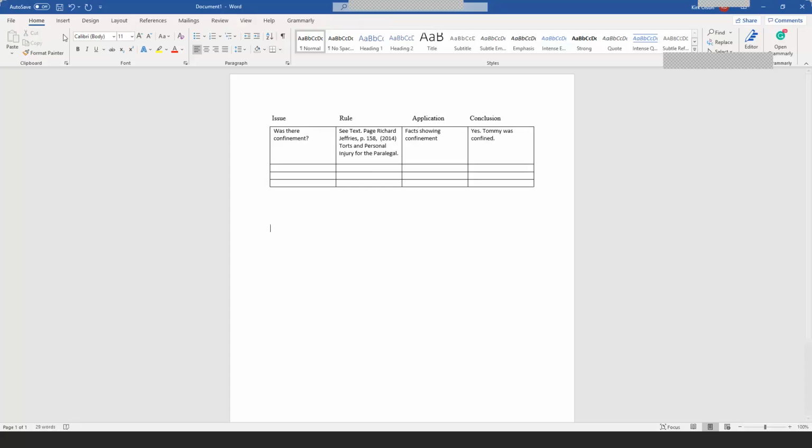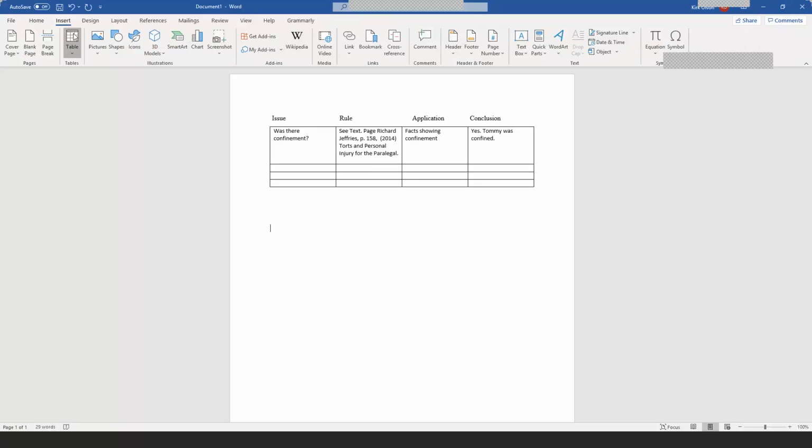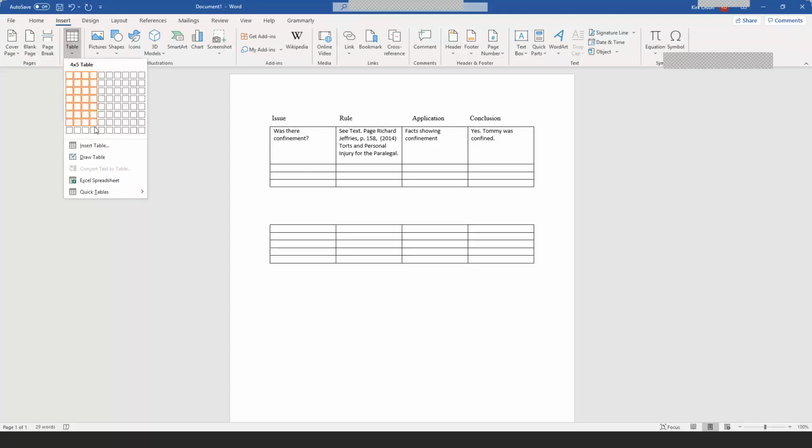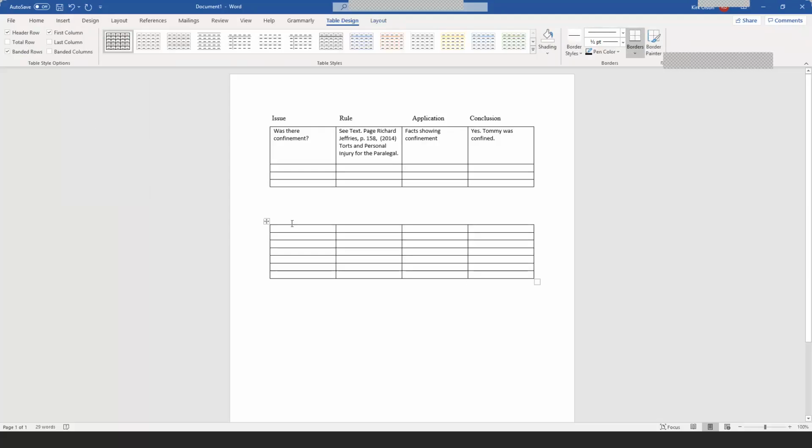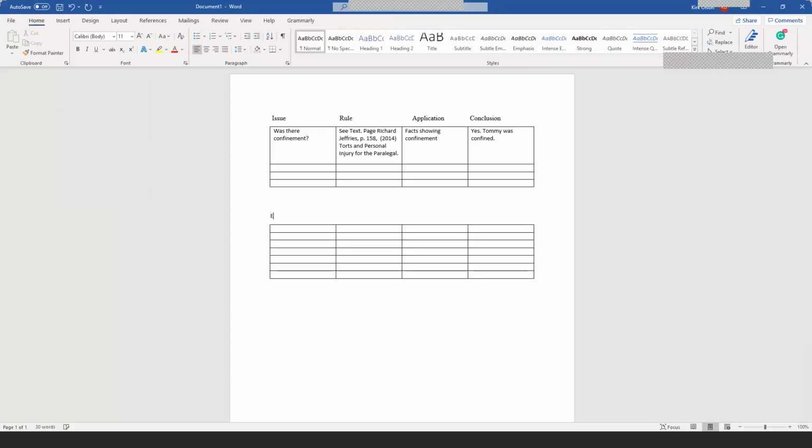The other way you could do it, you could simplify it down. You could do elements, rule source on element, application. This might be better.